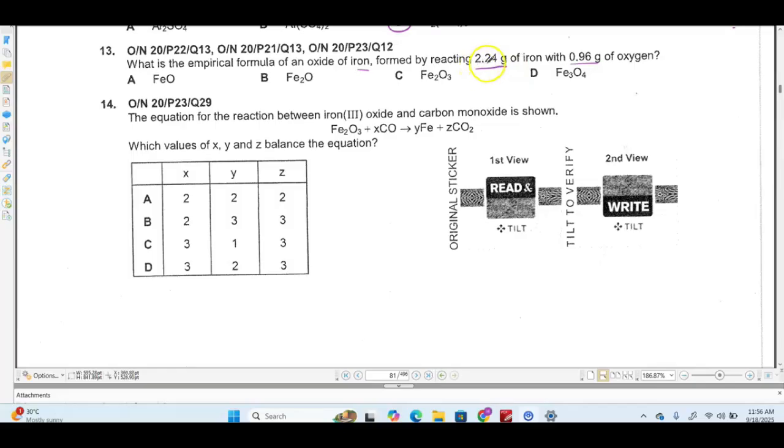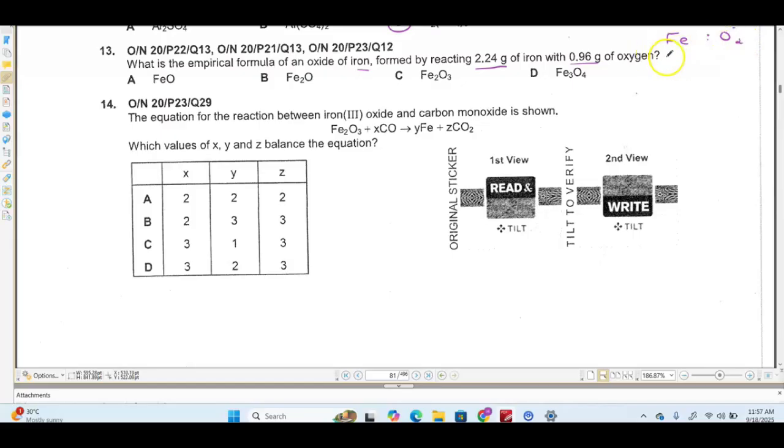Okay, so whenever we have percentages, masses, whatever, we have to convert them into moles because moles can be compared with each other with ease. So this compound basically is an oxide of iron, and obviously it's an oxide, so it will have iron. So we are going to write Fe and O2 over here.